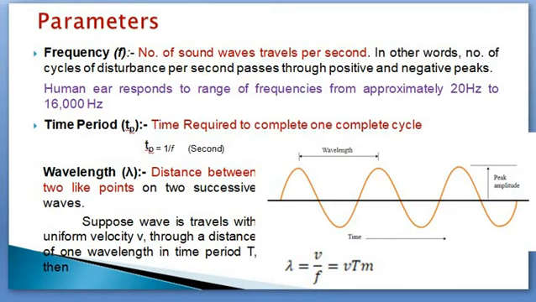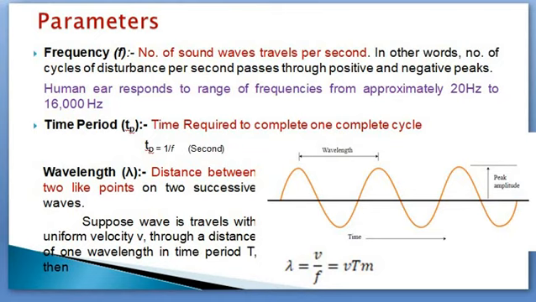Now the next term is time period. The time required to complete one cycle is called the time period. Time period is the reciprocal of frequency and it is measured in seconds. Now the important parameter is wavelength.